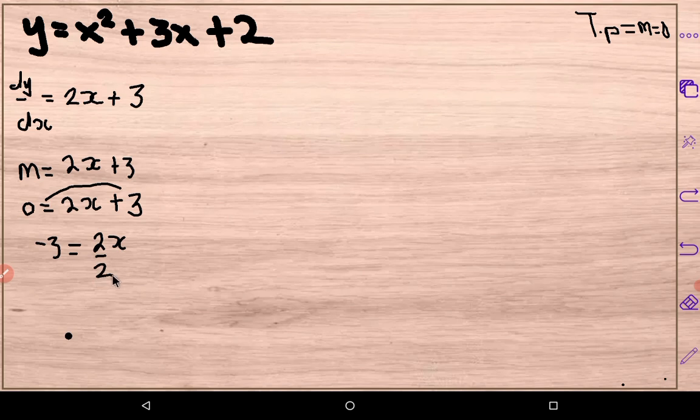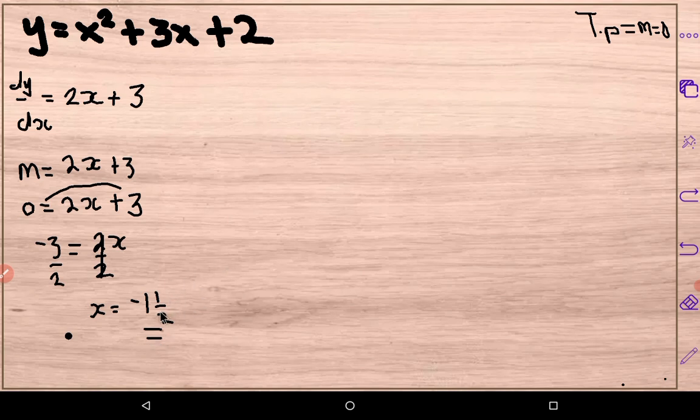Divide by 2 over 2, you cancel this, so x will give you negative 3 over 2. Now this is the x coordinate for the turning point.